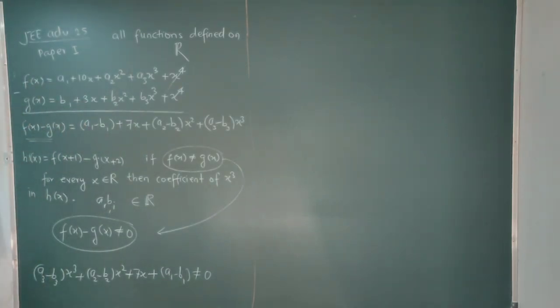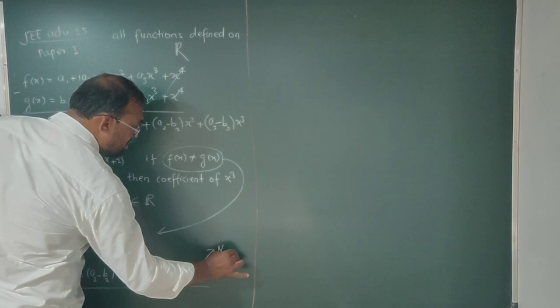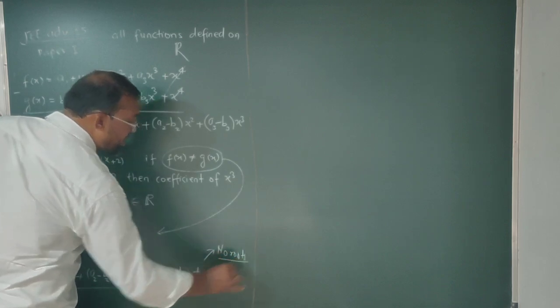Okay, now this is the given condition that we know, that this is not equal to 0. Now since this is not equal to 0, it can only mean it does not have any root. Since it is not equal to 0, it means there are no roots. Obviously no real roots.